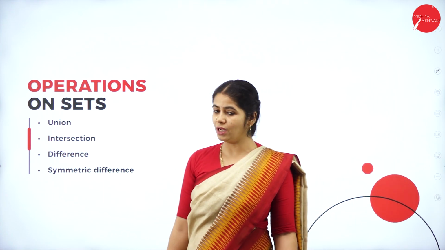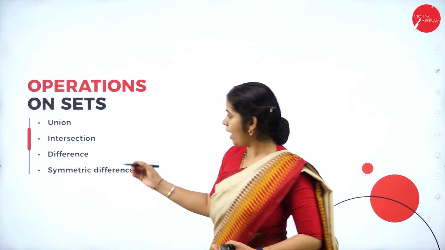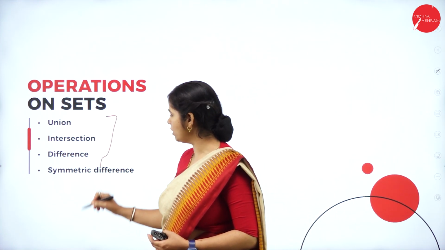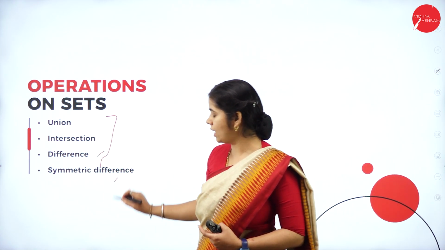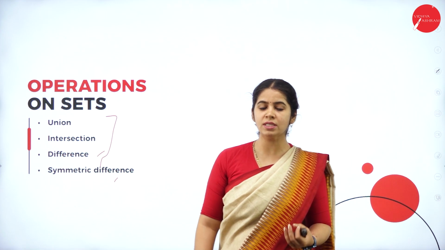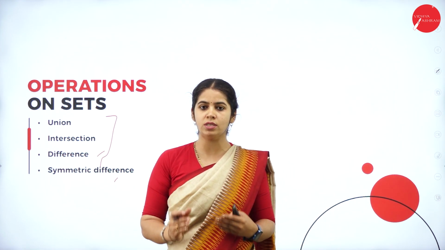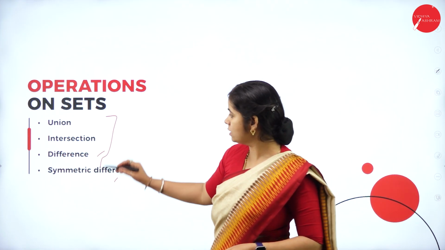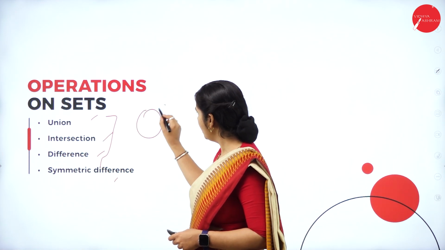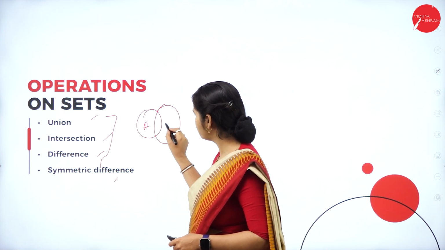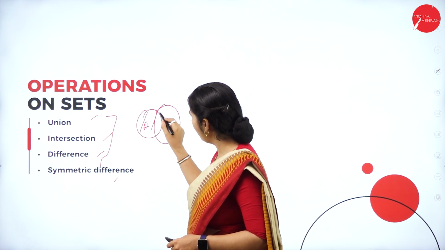So what operations do we have on sets? We have four major operations on sets: union, intersection, difference and symmetric difference. Union means combining the elements of two sets, forming a new set. Intersection: if I have two sets, A intersecting B, only the common elements will be displayed.